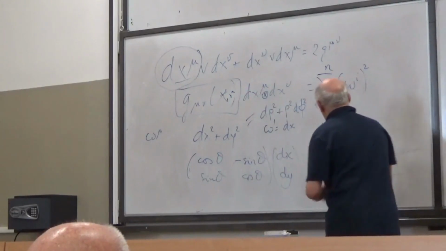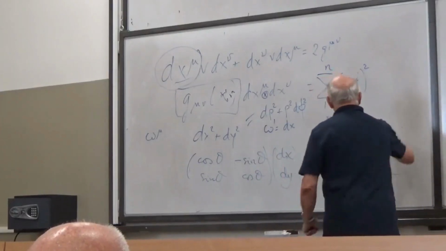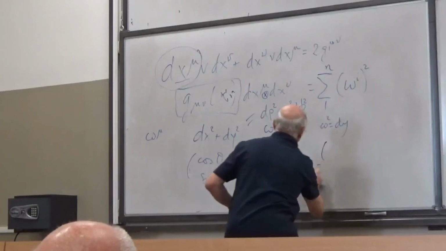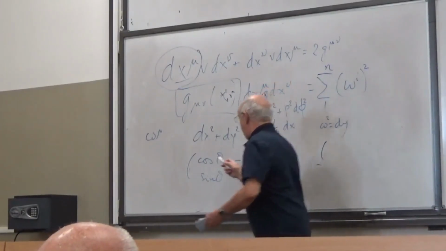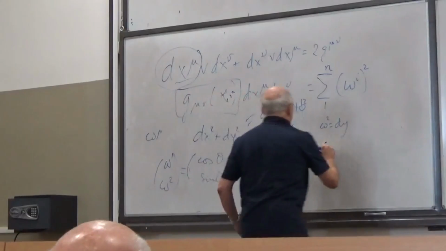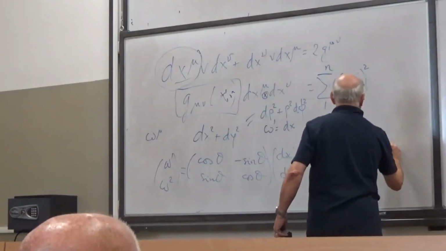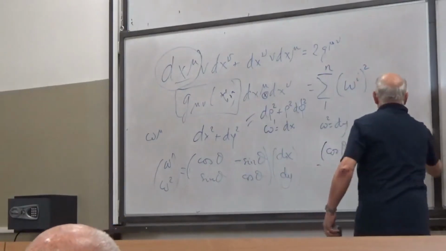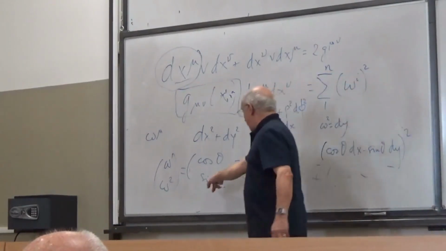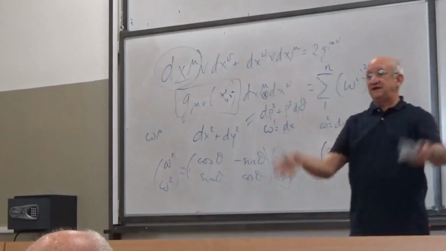What I'm saying is that if I form the square of cosine theta dx minus sin theta dy, and I add similarly the square of sin theta dx plus cosine theta dy, you operate and at the end what do you get?